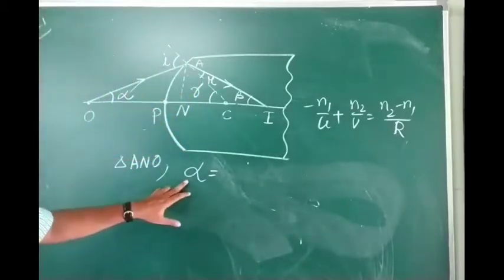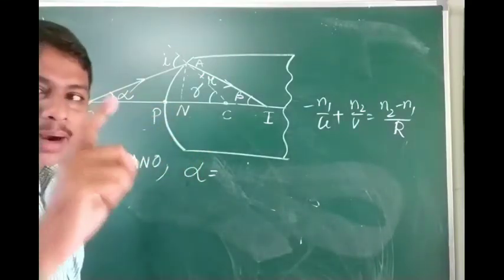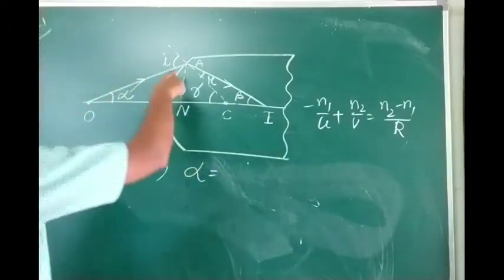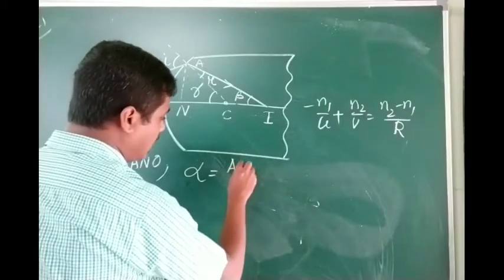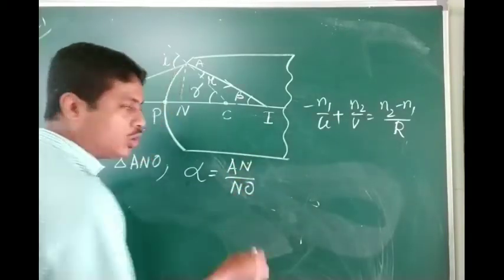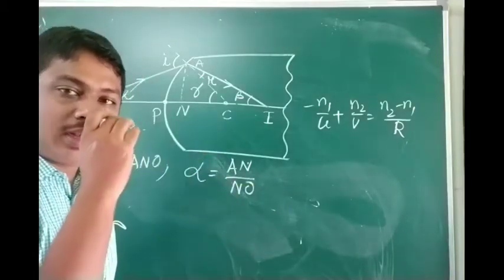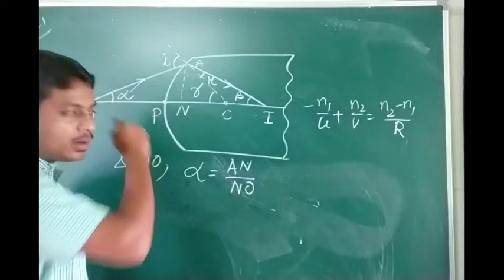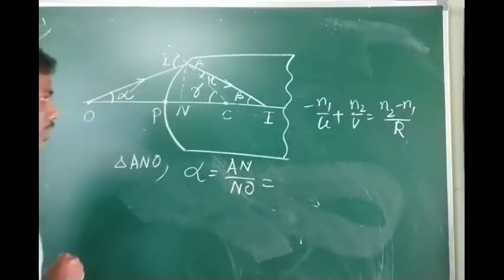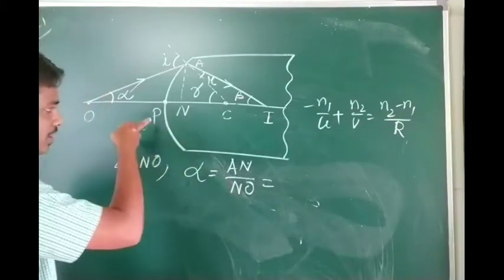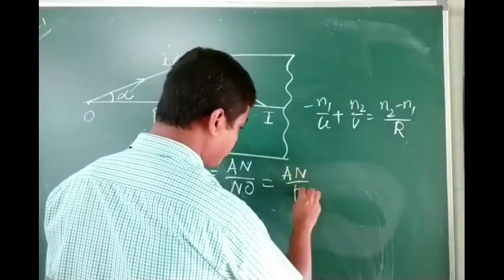So alpha will be equal to perpendicular by base, it will be AN by NO. Don't write ON. Remember, you have already done in class 10, the calculation should always be taken from the pole. Since N is very close to P, you can write NO as PO, so AN by PO.